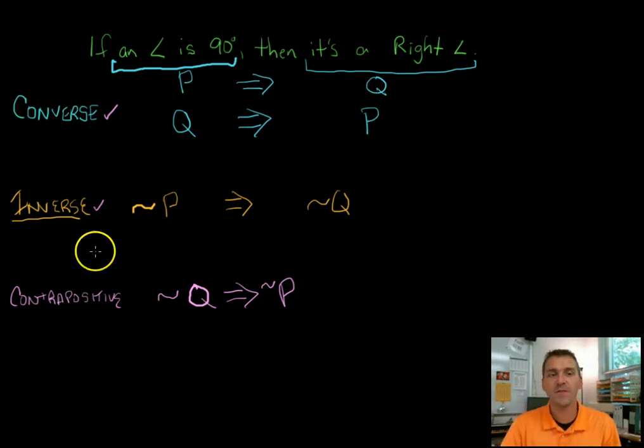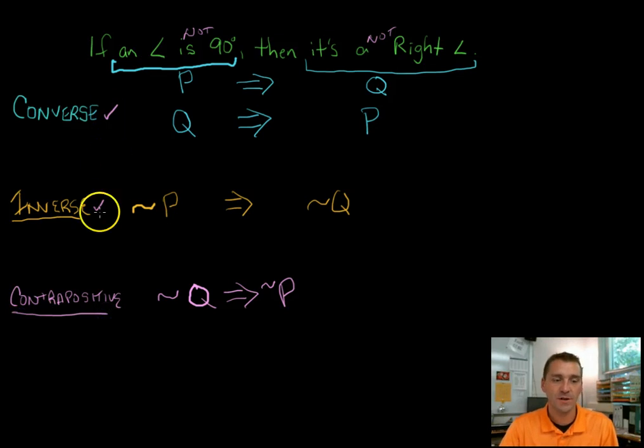Here would be the exact wording of this conditional statement if I took the contrapositive of it. It would say, if an angle is not a right angle, then the angle is not 90 degrees. If an angle is not right, then it is not 90 degrees. That is the contrapositive. So we got converse, inverse, contrapositive, and negation.